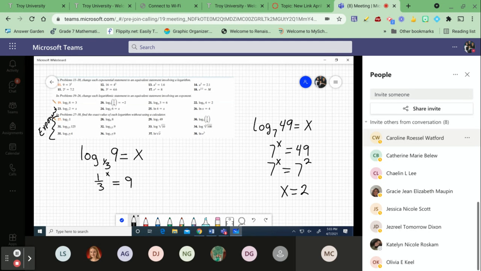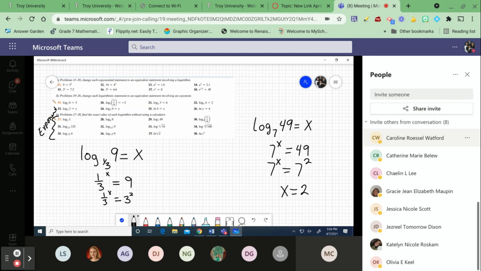Well, I know that 9 is 3 to the second. So 1/3 to the x is equal to 3 to the second. But I need to get that 3 into a 1/3. What do I do to exponents to get an inverse? What's going to help me?